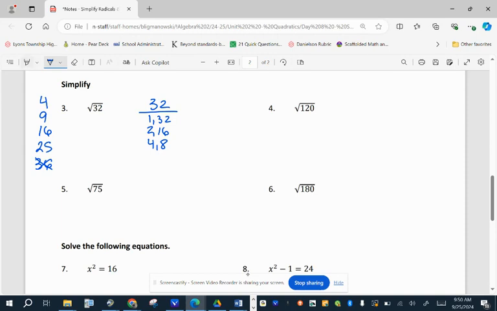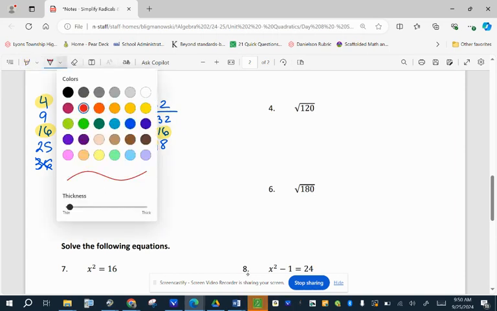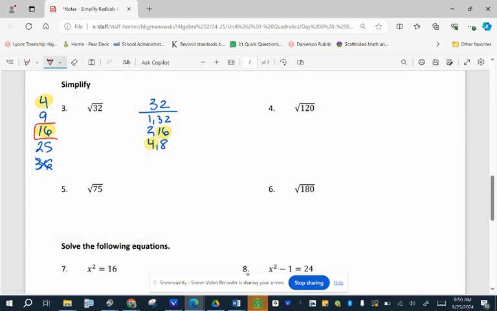When I'm looking at my perfect squares for 32, there's actually 2 perfect squares. 16 and 4 are both factors, but I always want the biggest factor. So in this case, I'm going to work with 16 and 2. So 32 is going to be 16 times 2, which is the square root of 16 times the square root of 2. So that'd be 4 square root 2.